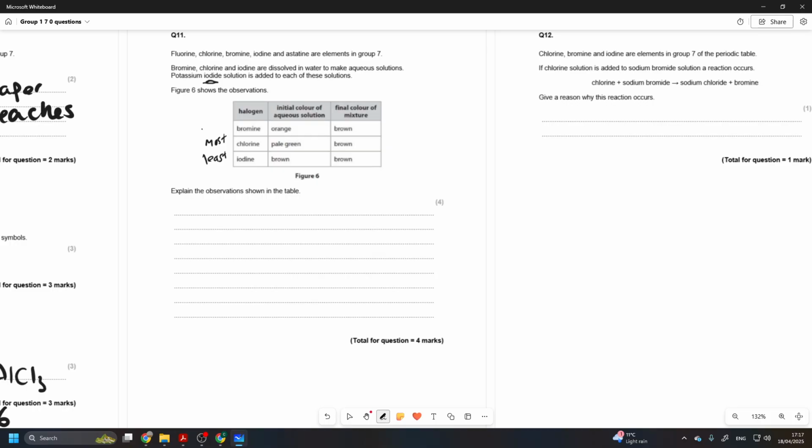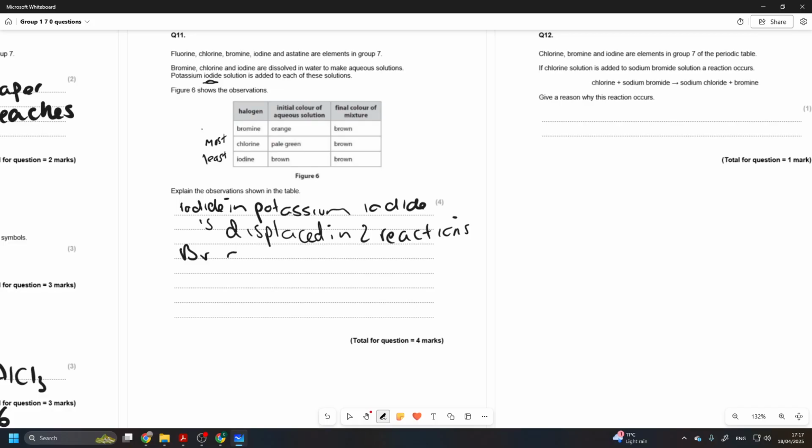So you could say that the iodide in potassium iodide is displaced in 2 reactions.